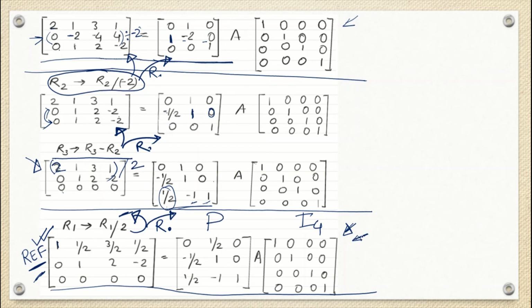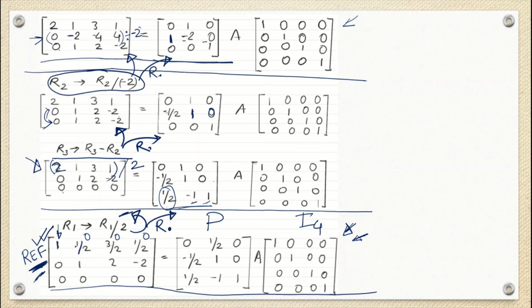Okay, fine. So this is my REF form, and I have to reduce this matrix into the normal form. For that, the 1 0 0 is perfectly okay, but instead of 1 by 2 I should have 0, instead of 3 by 2 I should have 0, and instead of 1 by 2 I should have 0.